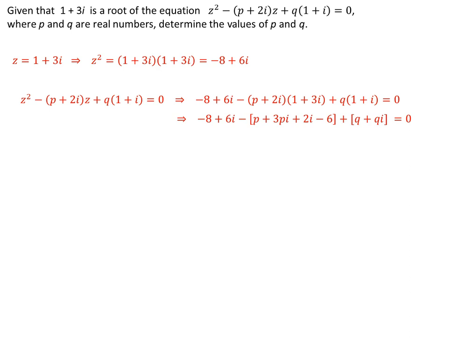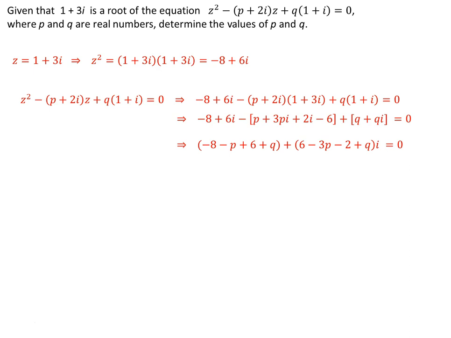So, what we need to do at this stage now is collect together all of the real terms and collect together all of the imaginary terms. The real terms that I've got in the line above are minus 8, take away p, plus 6, add q. And the imaginary terms in the line above are 6, take away 3p, take away 2, plus q.